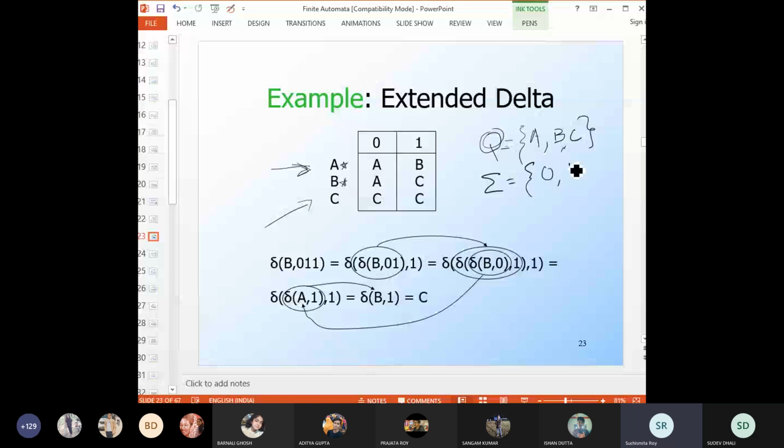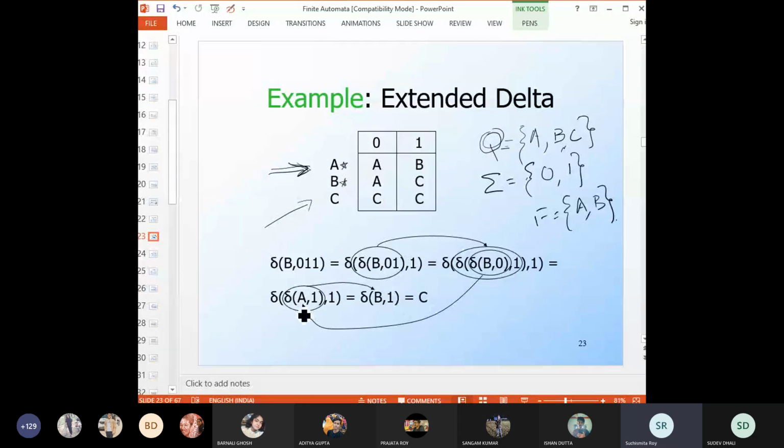So what is sigma? 0 and 1. The input characters will be 0 and 1. And if you take my definition, then A is Q0 and F consists of A and B. And the transition function is: from state A on input 0, you will go to state A, that means you will loop in the same state. From state A on input 1, you will go to B and so on.